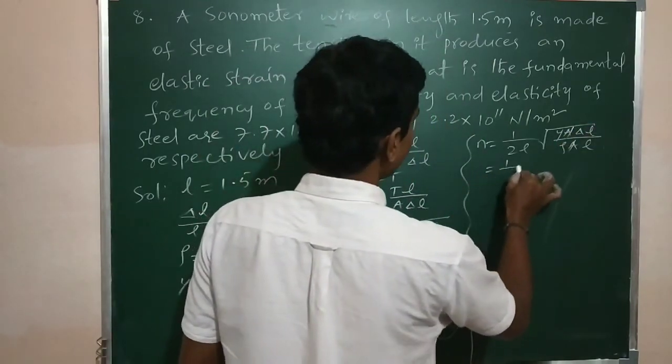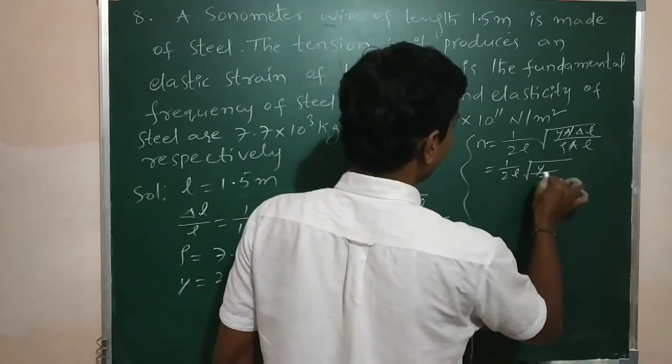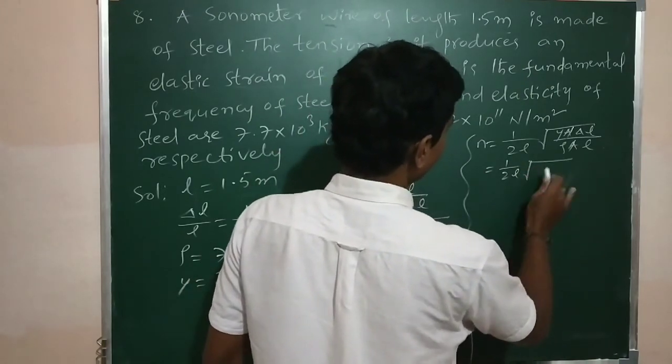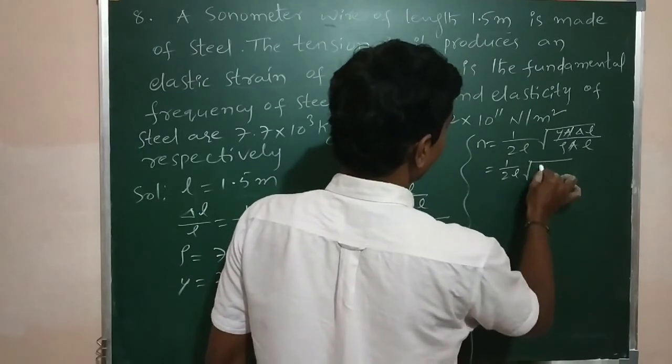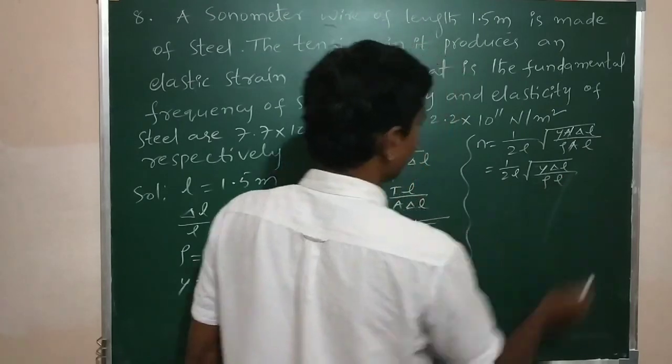So finally that is 1 by 2L root Y by rho into delta L by L.